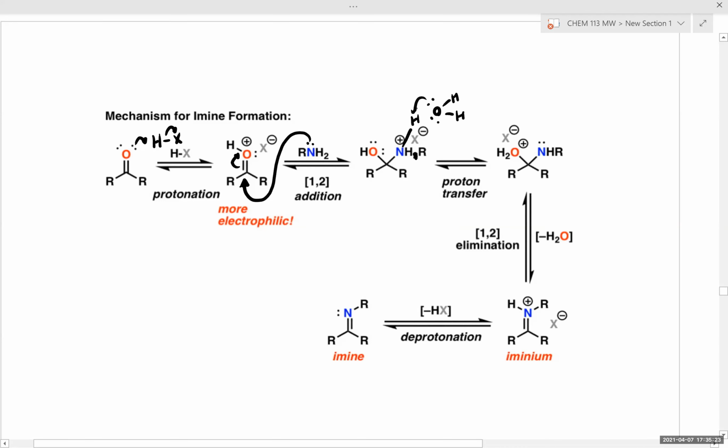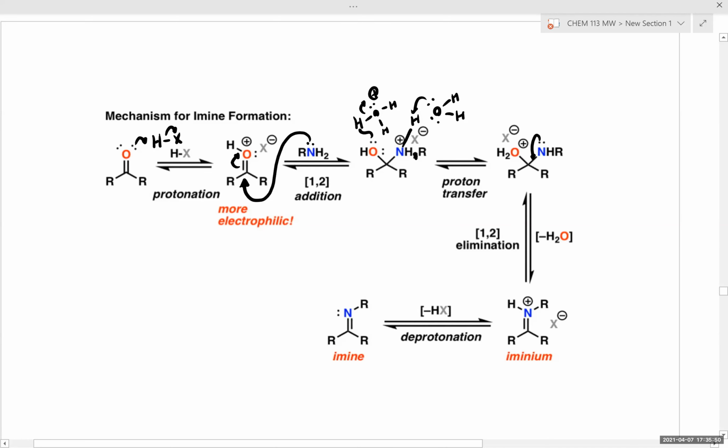This can be facilitated by water or other protic components in solution. After a proton transfer, we've now freed up a lone pair on our amine, and we've activated our alcohol as a leaving group in the form of water.